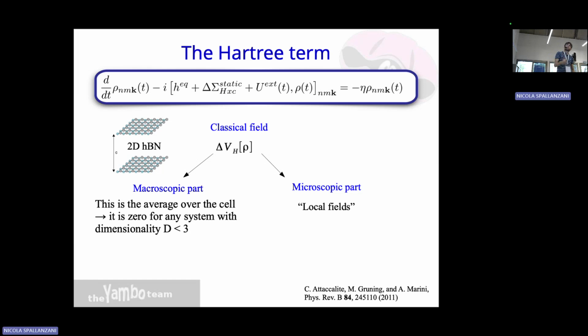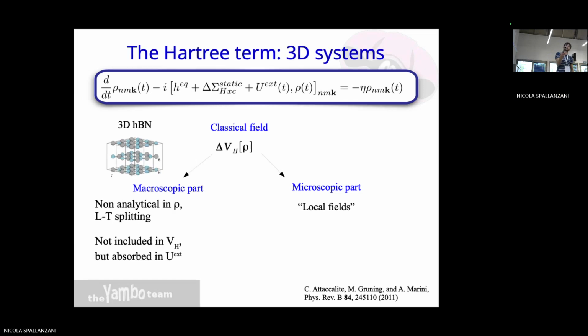While the microscopic part contains a lot of things. However, if you are in a bulk, the macroscopic part is also important. This part is what gives the longitudinal-transversal splitting. But it is also a nasty term because it is non-analytical in the density matrix.